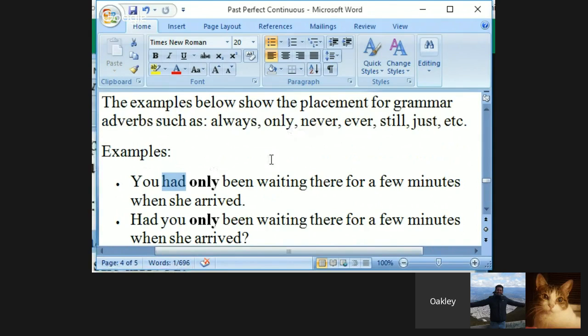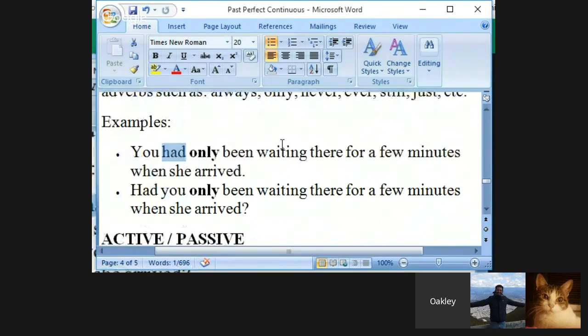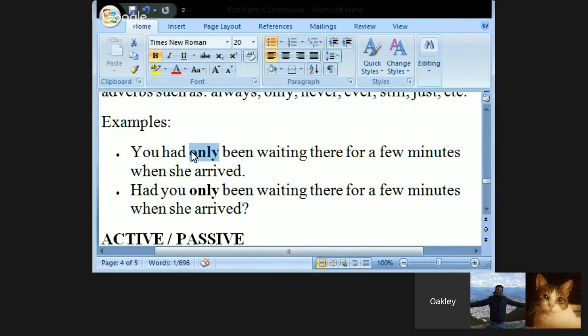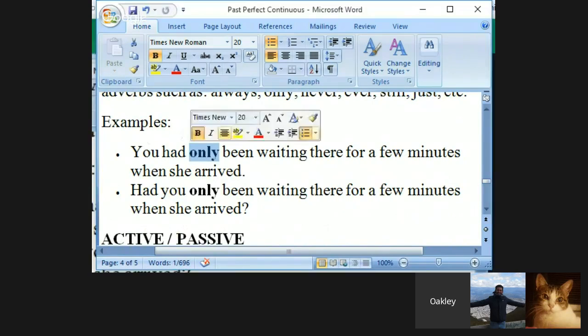Same with other adverbs and even other descriptive adverbs. Silently, watchfully, whatever. If you want to be right and the adverb is acting on the main verb, this is where it belongs and you can't really go wrong.